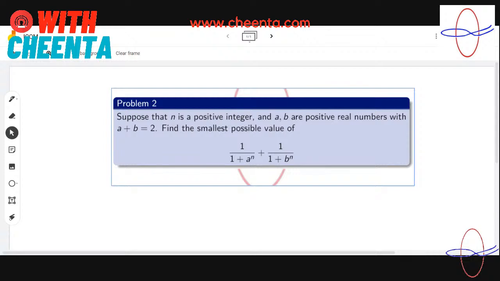Because a plus b is equal to 1, it's given. So why do you want to take that? Yeah, so we cannot really take that, right? So how are you planning to do it?